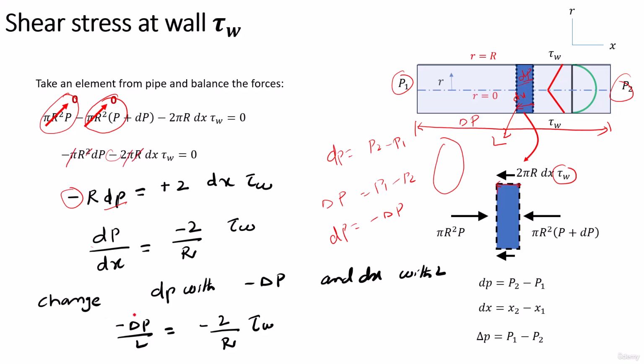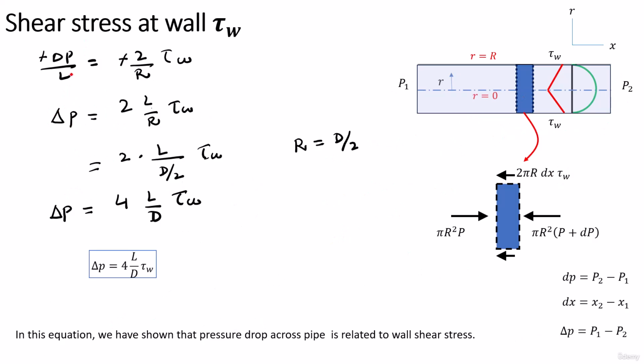So put this term over here with the minus delta P, the minus sign will cancel out, and we will get delta P by L is equal to 2 by r into tau wall shear stress. So I can write delta P, the pressure drop along the pipe length, is equal to 2L by r into tau wall.